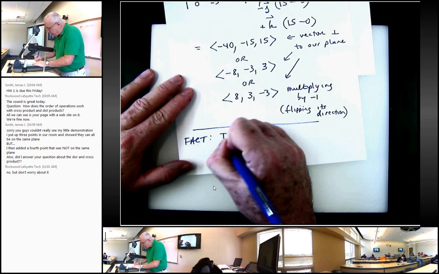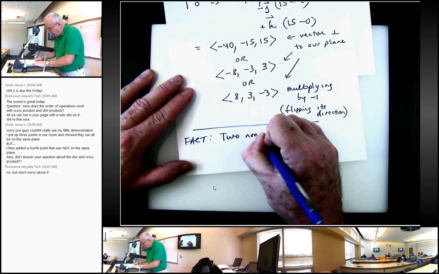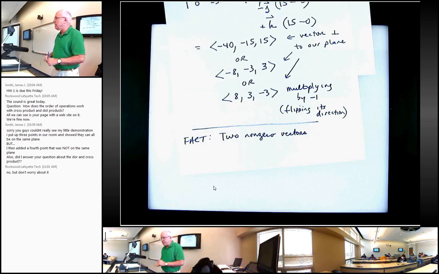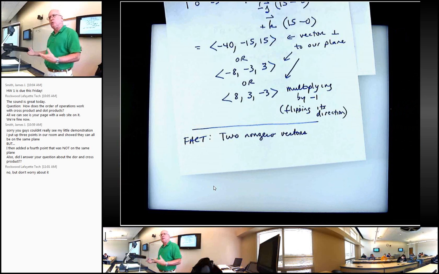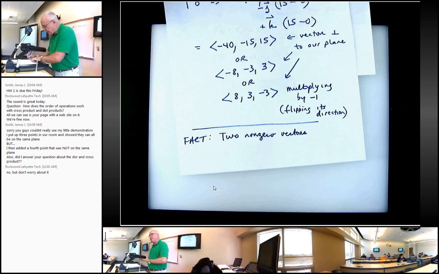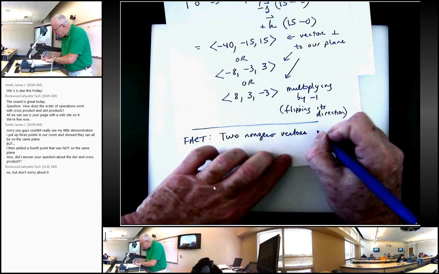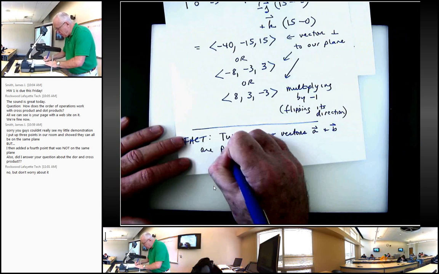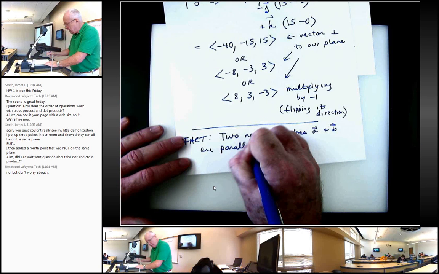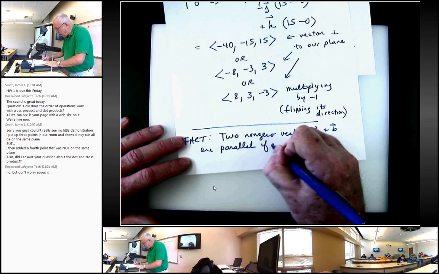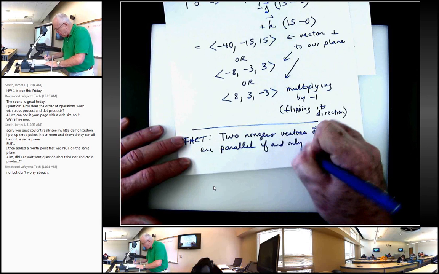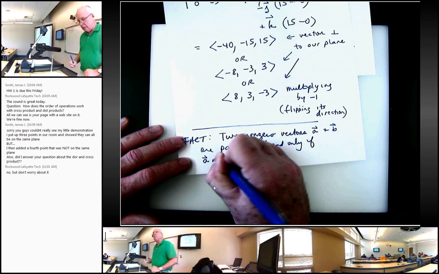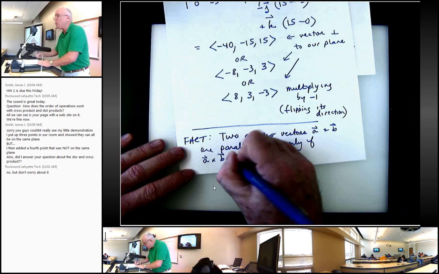2 non-zero vectors, and as I said, unless I'm specifically talking about the 0 vector, you can pretty much assume that we're talking about non-zero vectors. 2 non-zero vectors, A and B, are parallel if and only if A cross B, their cross product, is equal to the 0 vector.